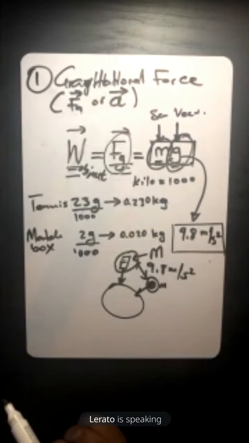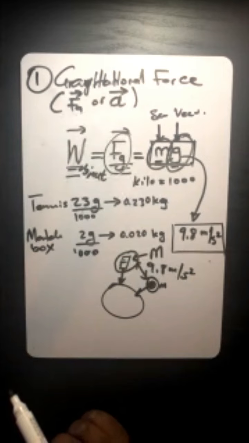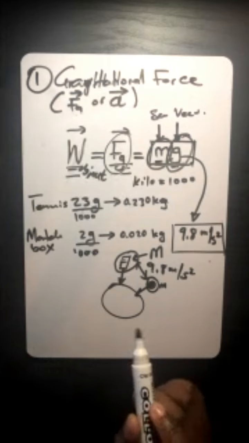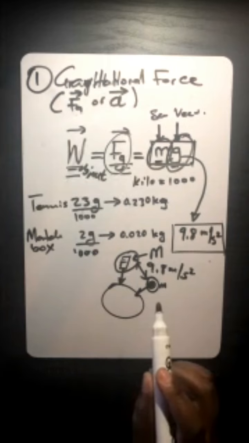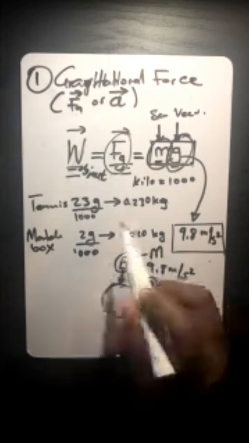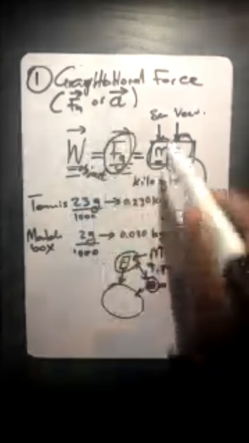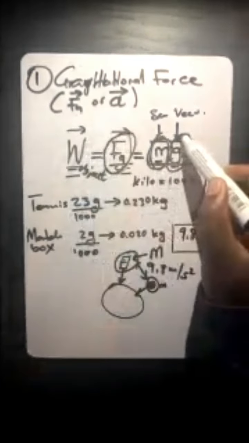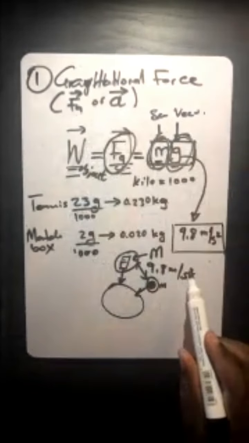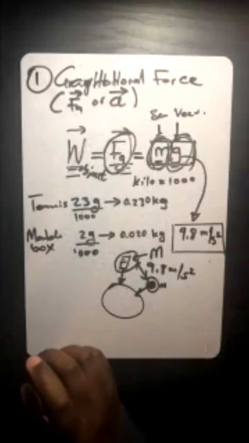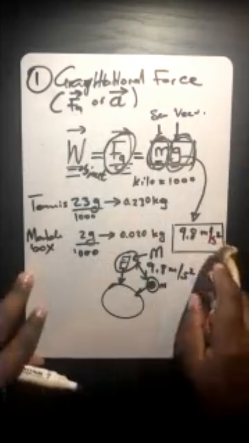Since the mass of the fridge is greater than that of the tennis ball, the fridge has got more force of gravity because of the mass. So this one doesn't change. It's only the mass that differs from one object to another.